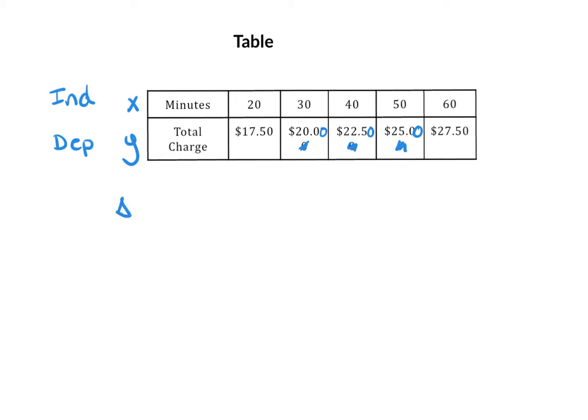So I want change in y divided by change in x. How are my y values changing? They're changing by 2.5 every time. How are my x values changing? They are changing by 10 every time.